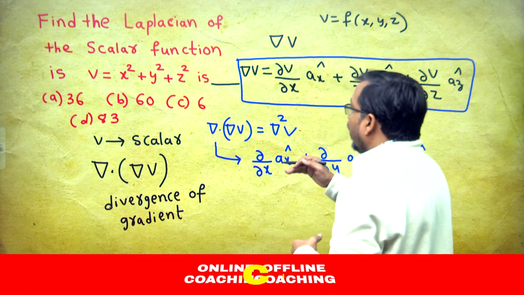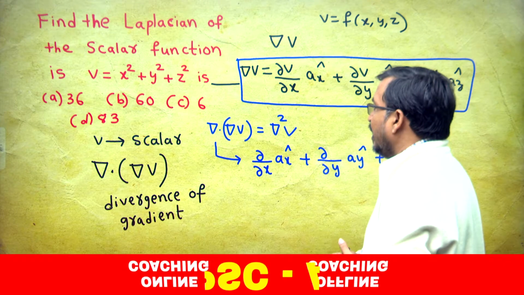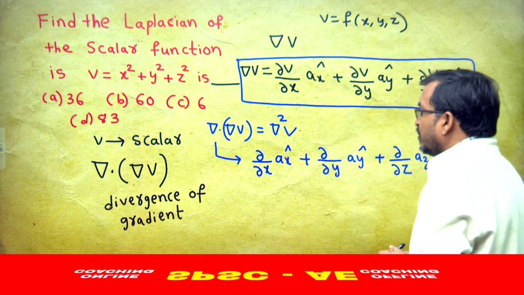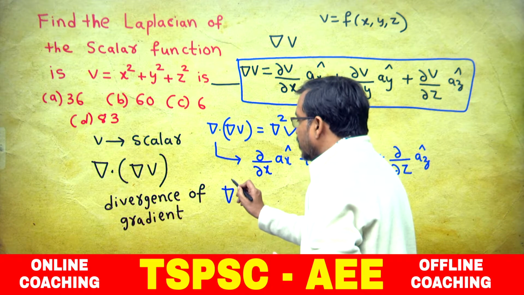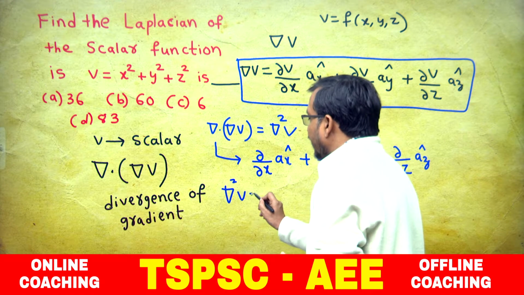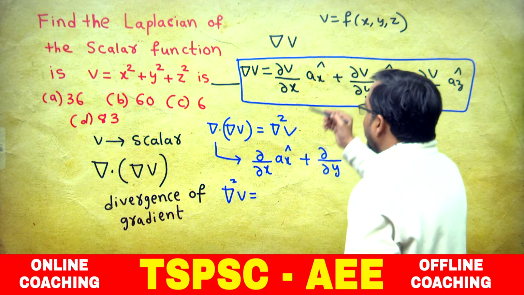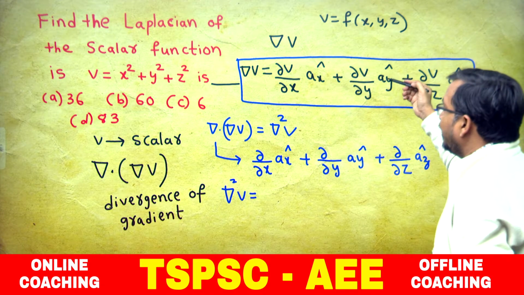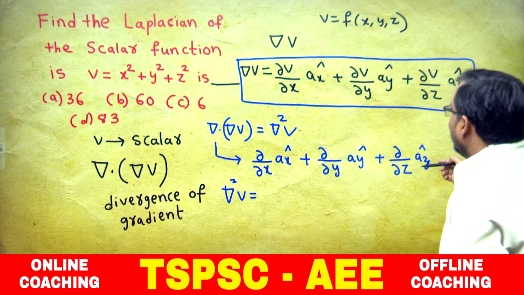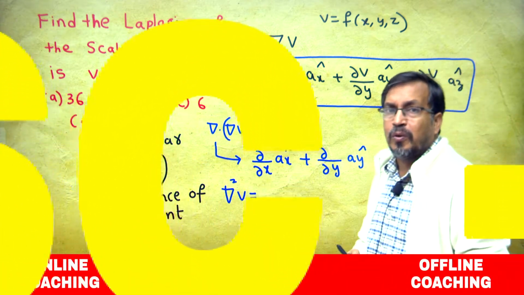So, I am performing these two operations: del dot del v equals del square v. Here Ax cap dot Ax cap is 1 in the dot product, Ay cap dot Ay cap is 1, similarly Az cap dot Az cap is also 1.